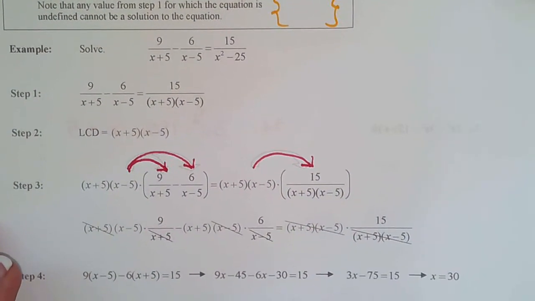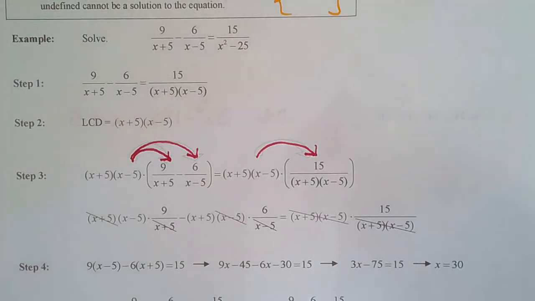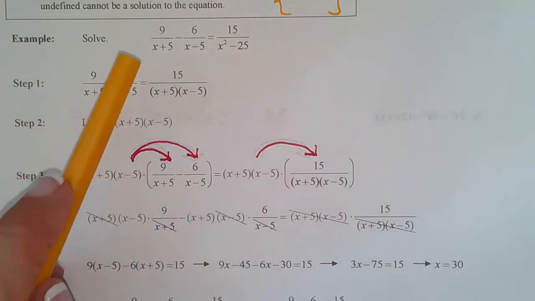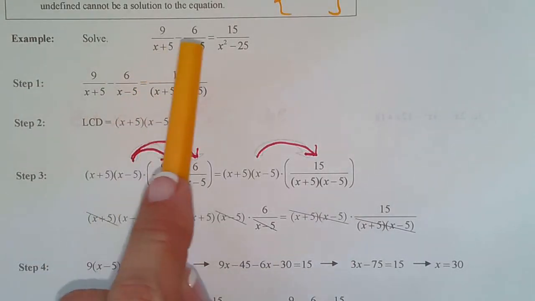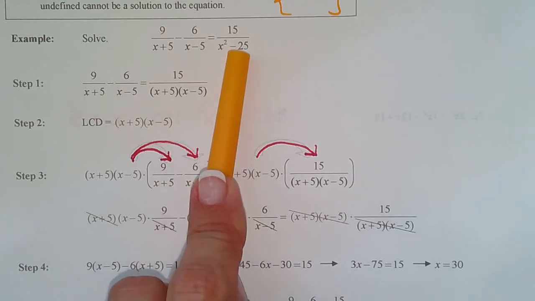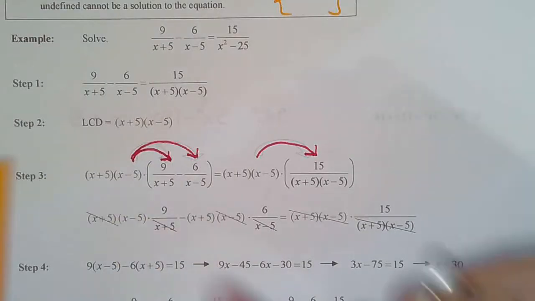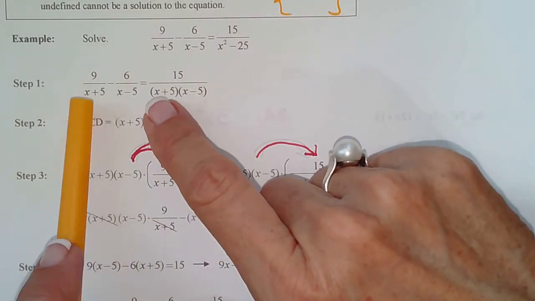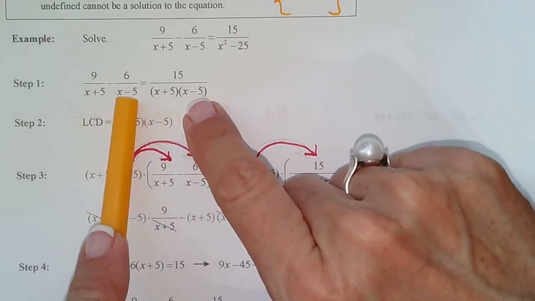Okay, so let's see one in play here. So step 1, factor. That's already done. Ooh, difference of squares. There it is again. So I think everybody would agree with me. The common denominator, LCD, is x plus 5 and x minus 5.